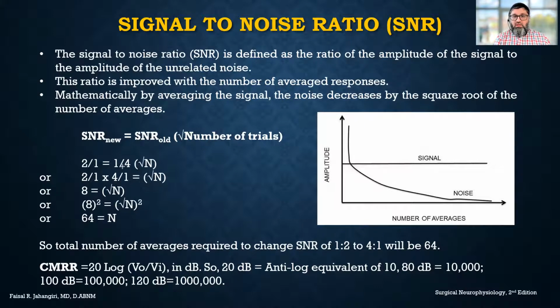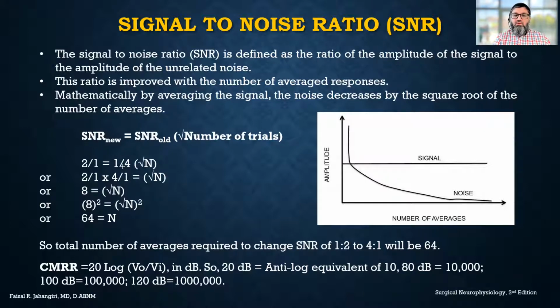So you cannot see that. You want the signal to be twice the noise. So that means if the noise is 4, it will stay 4, and you want the signal to be 8. So moving from 1 to 8, we use a number of averages. How many averages do we need to make a signal which is 1 by 4 into 2 to 1?